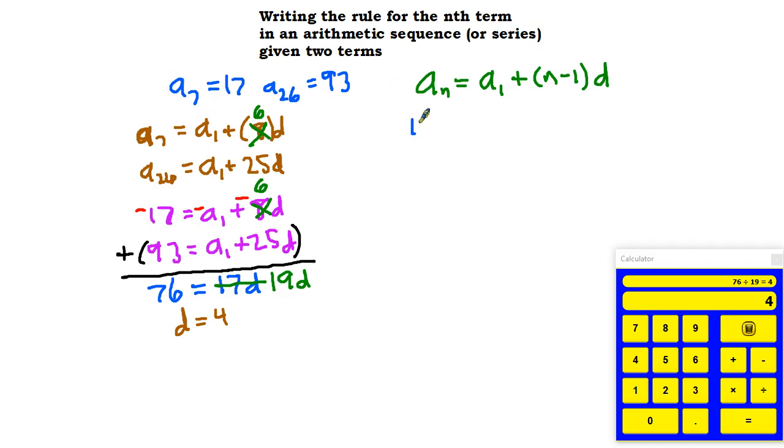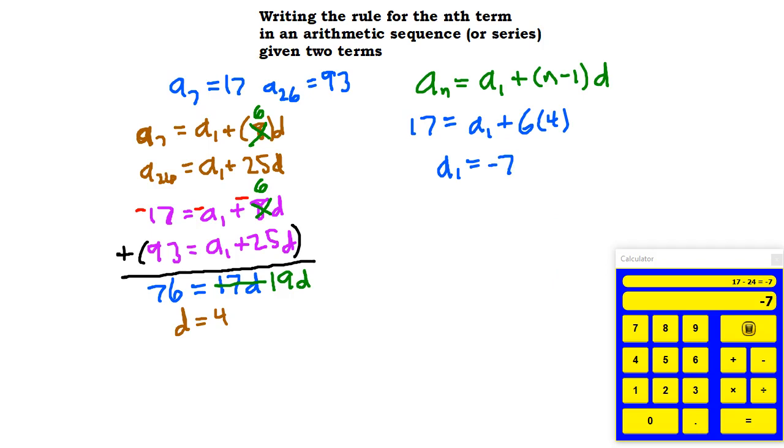So I'm going to write that out: 17 equals a sub 1 plus 6d. It's not d anymore, we know it's 4, so it's 6 times 4. And then this is 24, and we'll subtract it from both sides, so a sub 1 equals 17 minus 24, which gets us -7.